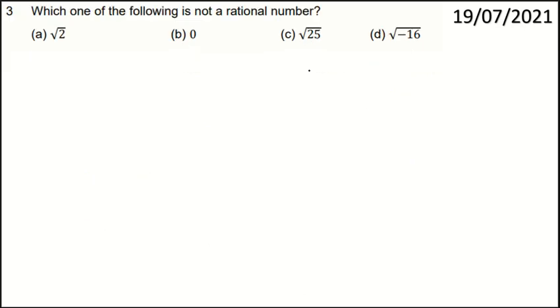Which one of the following is not a rational number? See children, 0 is a rational number, root 25 is equal to 5, and 5 is a rational number. Root 2 is an irrational number, so it does not belong to rationals.